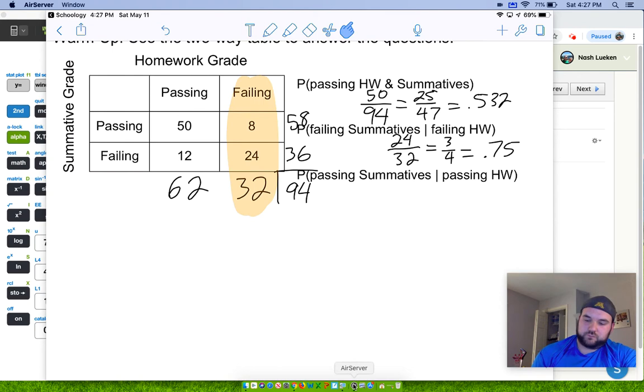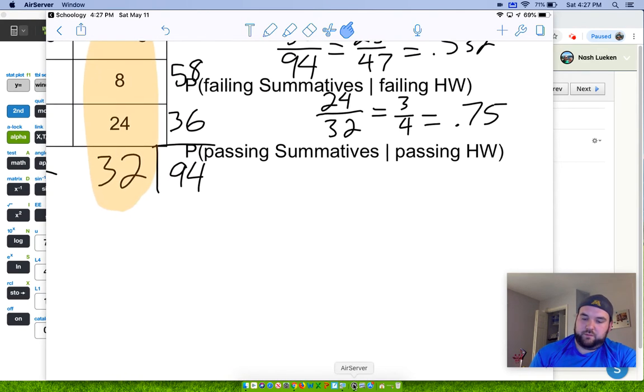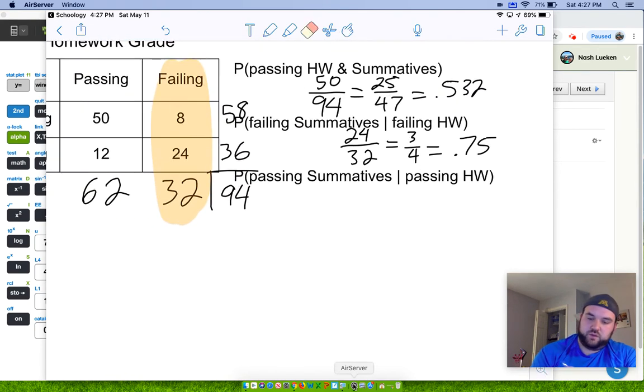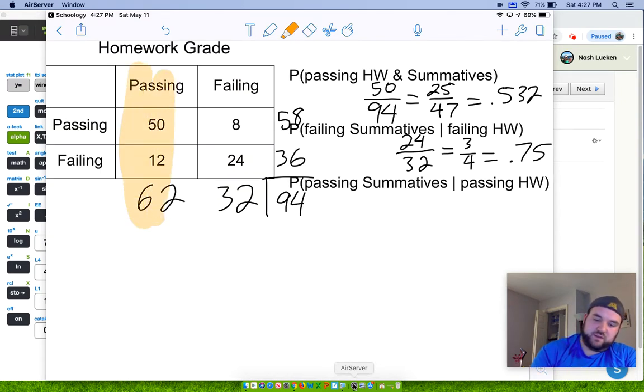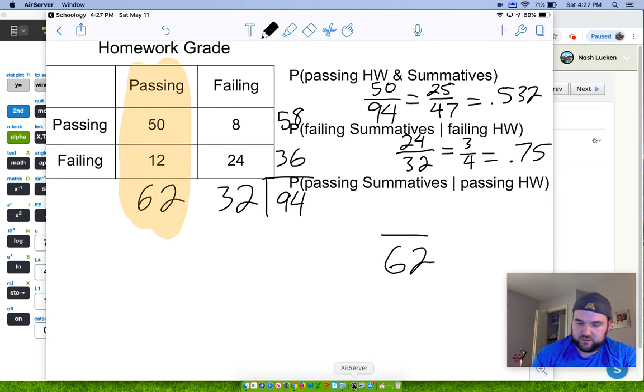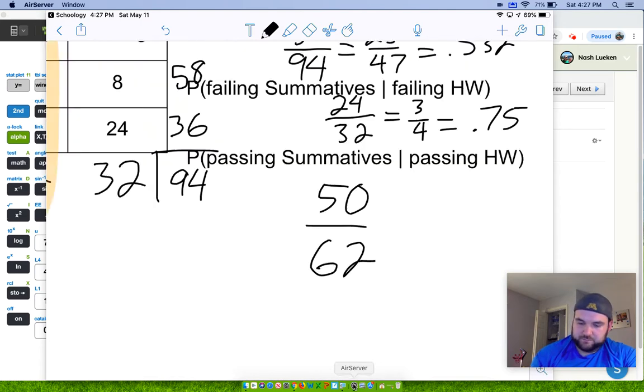And then finally, what is the probability of choosing a student who is passing their summatives given that they are passing their homework? So again, the homework is the given event, so I am talking about these people passing. So of 62, how many of them are also passing their summatives? That would be 50.